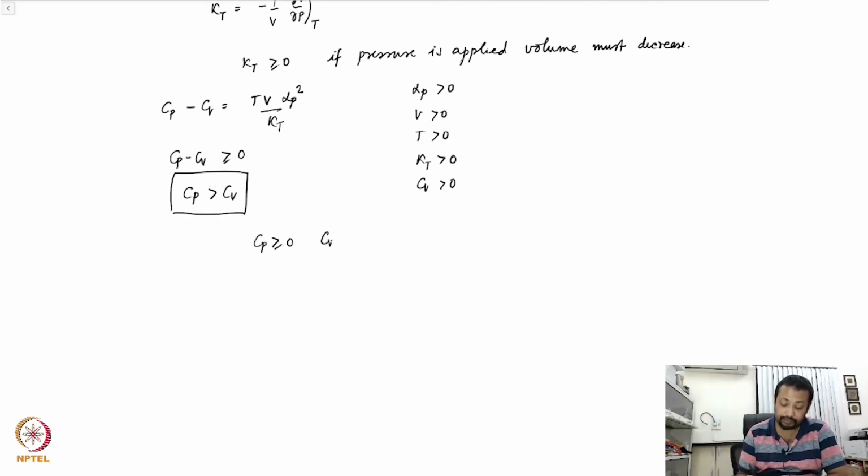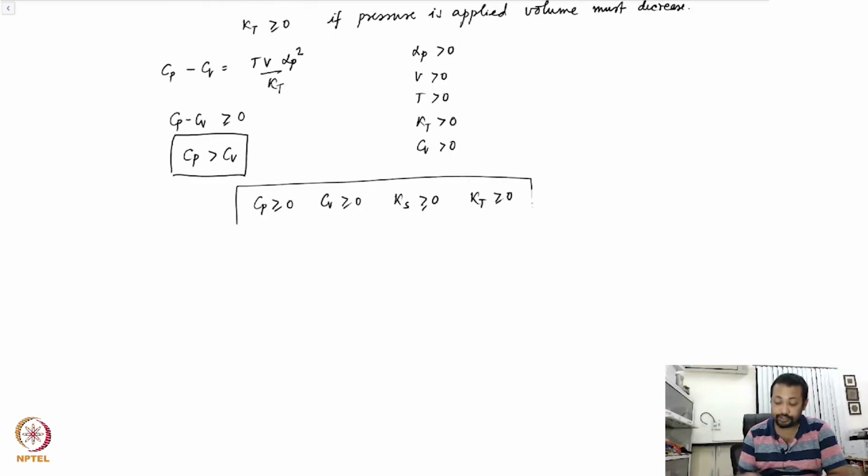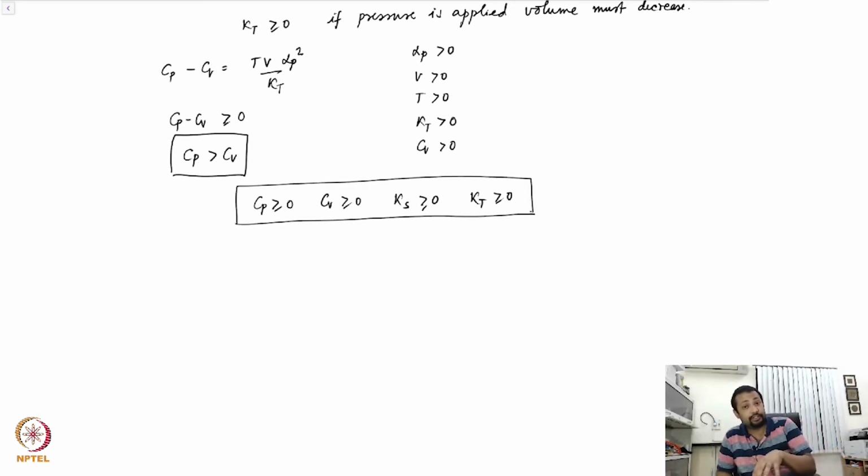This means Cv greater than 0, kappa S greater than 0, kappa T greater than or equal to 0. So these are the restrictions on my response function. Now thermodynamics puts these restrictions from a different perspective, namely that my equilibrium is a stable equilibrium.